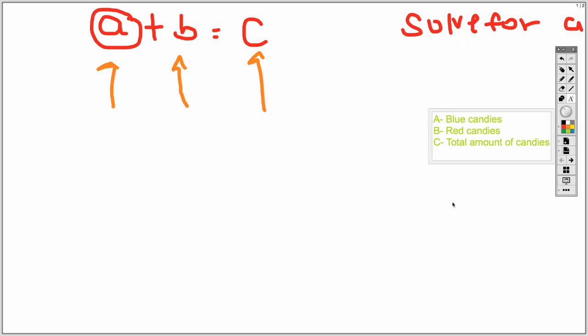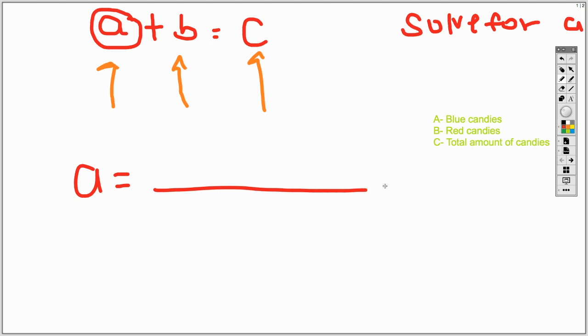So what equation can we use for that? Basically, we would want A to be all alone, because we would want our equation to look like A equals blah, blah, blah. We want to figure out an equation that we can use to figure out the amount of blue candy. We won't be using numbers, we're just using variables.